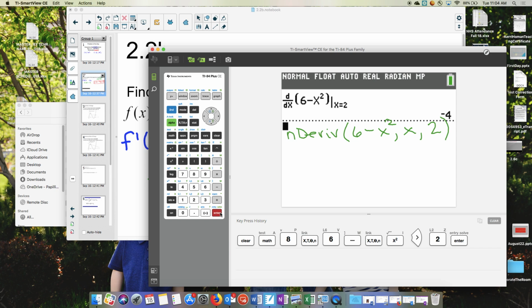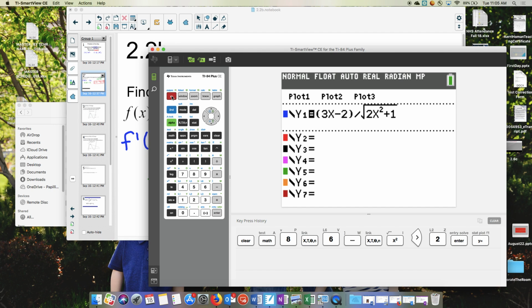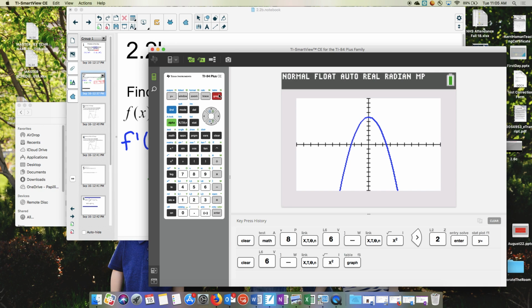Okay, that would be nice. So this is how you would do that. Also, everyone graph 6 minus x squared for me. Yep, turn off your plots.